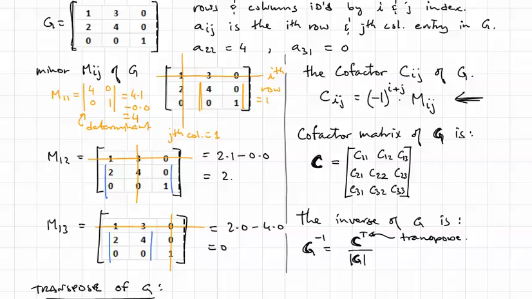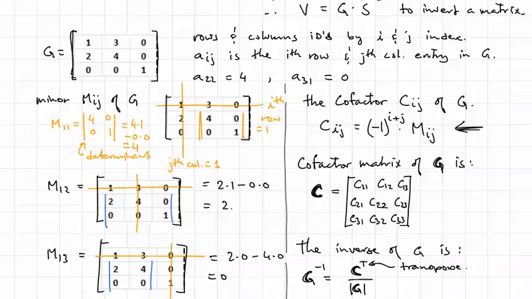There'll be 9 of them in this case for 3 by 3, and then you would multiply by -1 to the power of i plus j for each of those minors to determine the cofactor terms. You'd then form the cofactor matrix. Then you would take the transpose of that cofactor matrix and divide it by the determinant of G. And I think in another example I'll actually work this problem out.